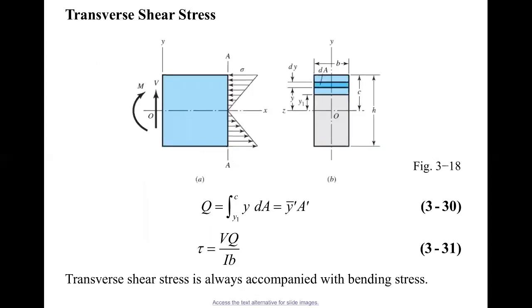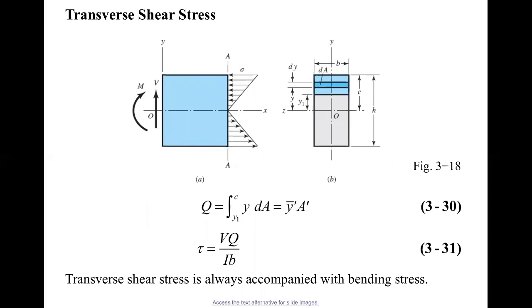Another difference is there's a shear stress. In pure bending, there's no shear load. V is 0. Like you have a beam under pure bending, you cut at different locations, and V is 0, and M is constant. So that is the simplest case.